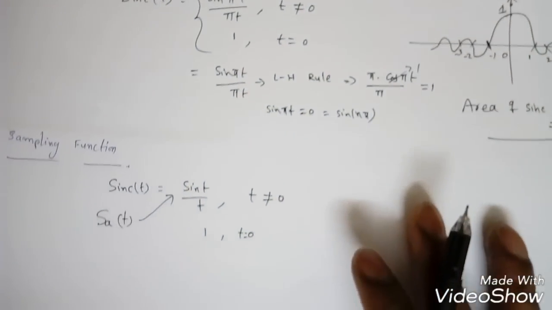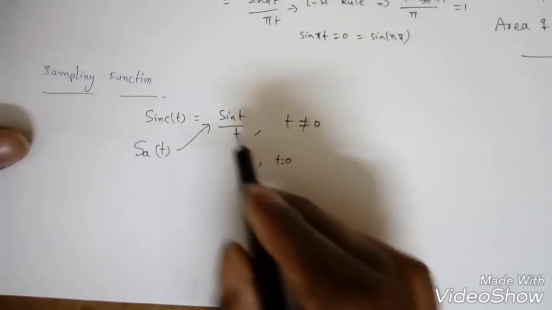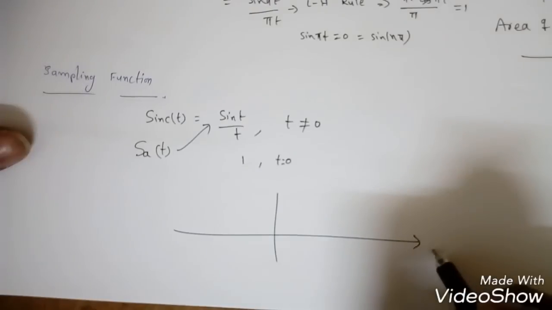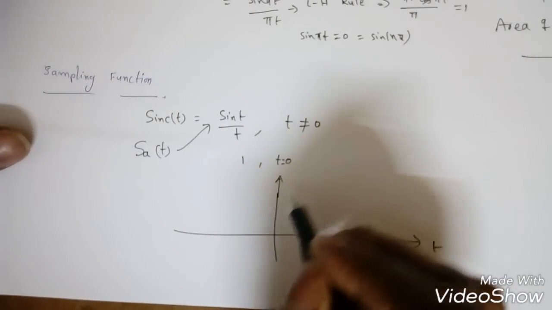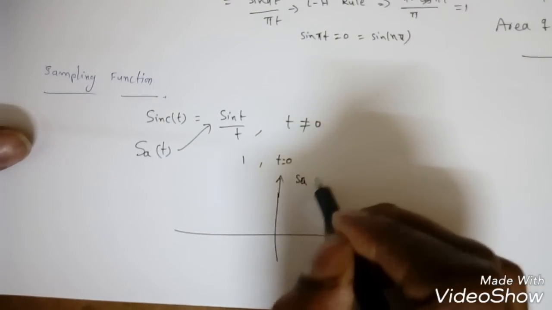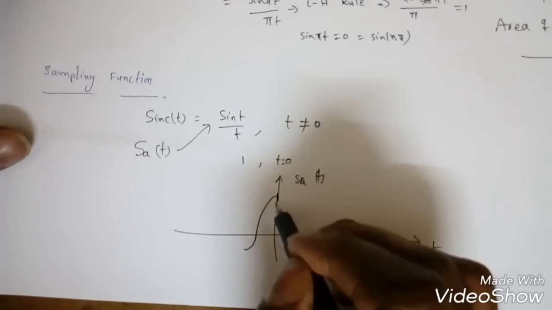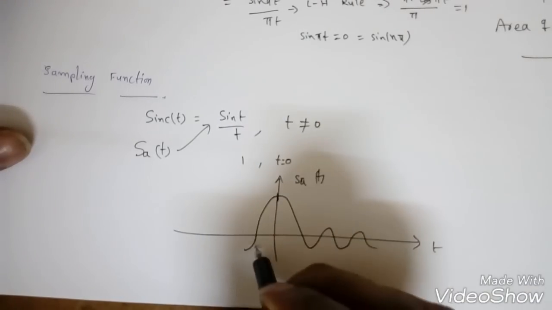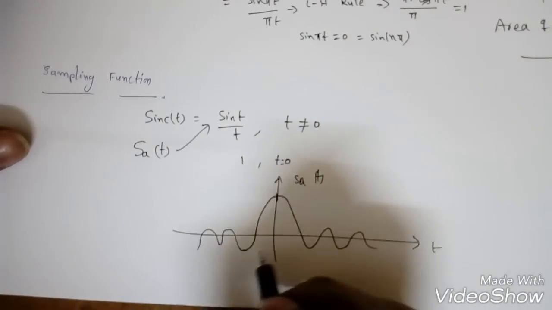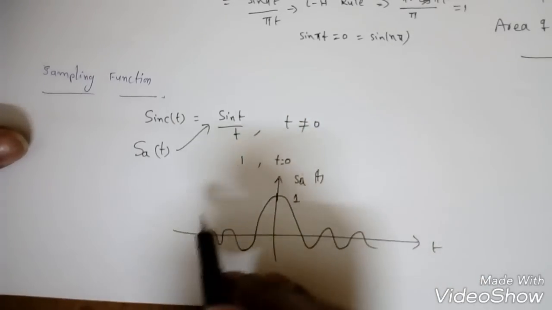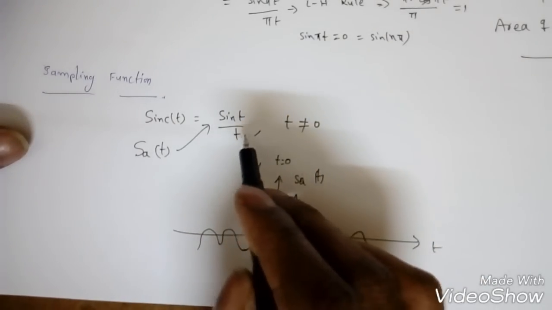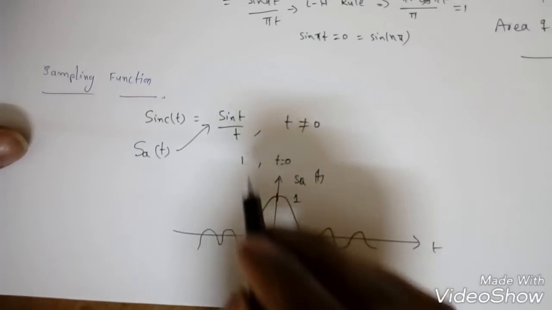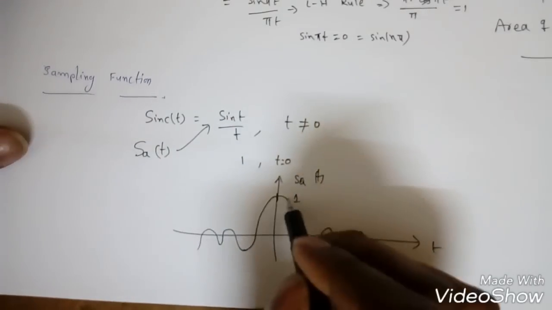See here also sin t by t can be denoted like this. This is t, this is SA of t. So the same waveform will be there, like this, and here also sin t by t cannot be directly evaluated by substituting t equal to 0, so L'Hospital's rule will apply, and we'll get 1.